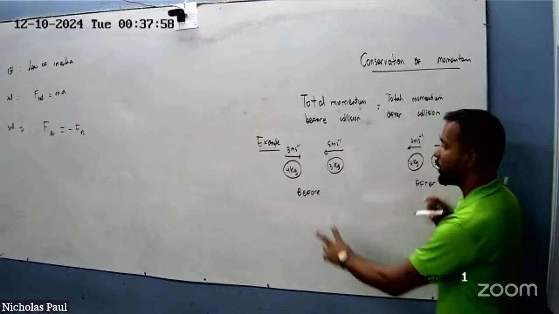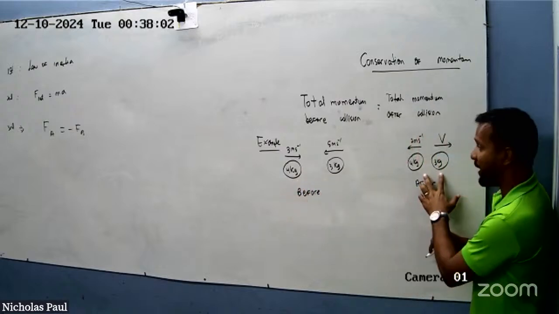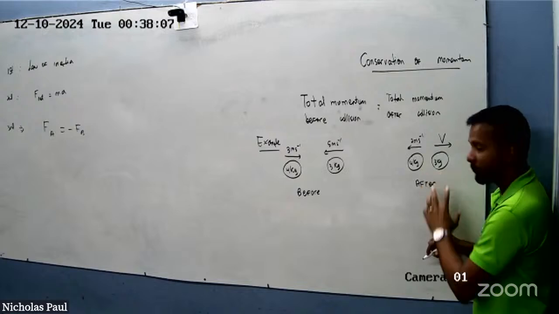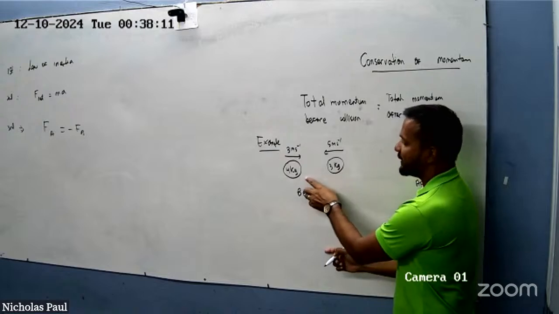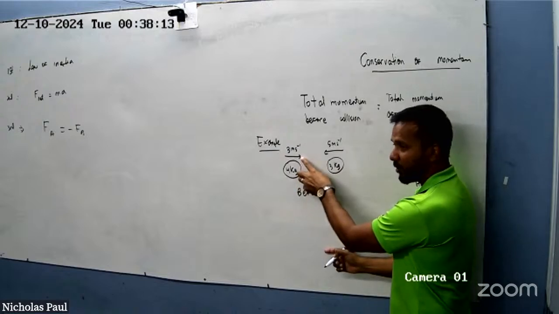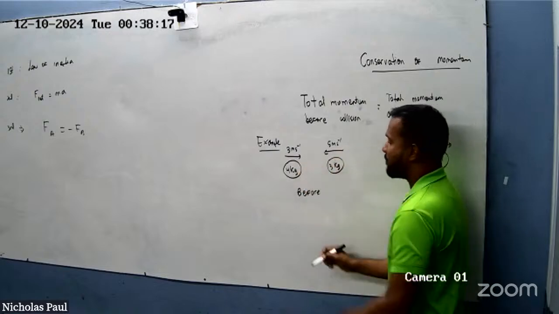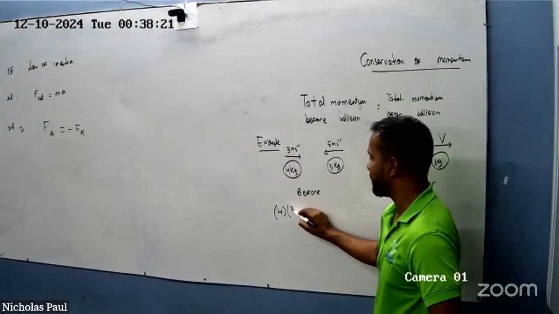So if I work this out and add it up, I should get the same value here. Correct? Let's work on the momentum here. Momentum is mass by velocity. So what's the momentum here? 4 multiplied by 3.